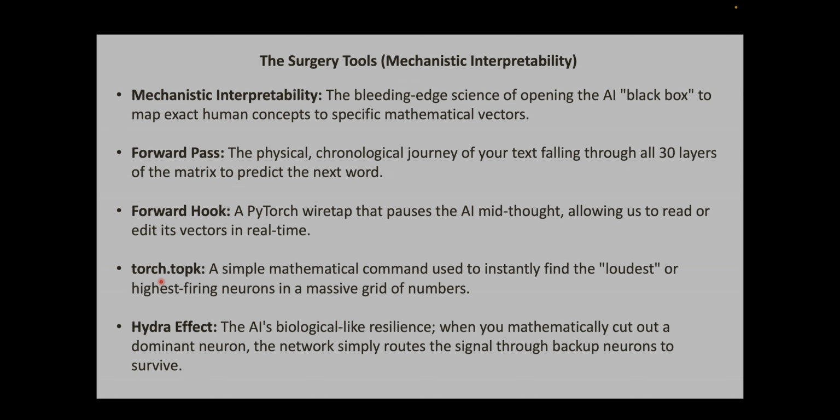I actually have a good demo for this, and it shows us which neuron is the loudest among the top K neurons that we've been experimenting with. And then there is the Hydra effect, the AI's biological resilience. When you mathematically cut out a dominant neuron, the network simply routes the signal through backup neurons to survive.